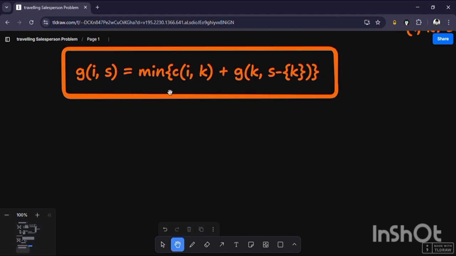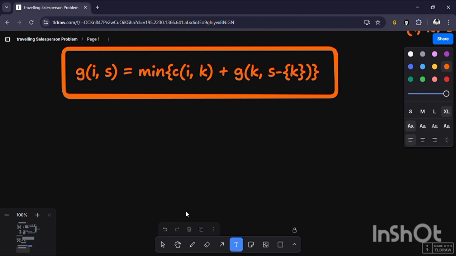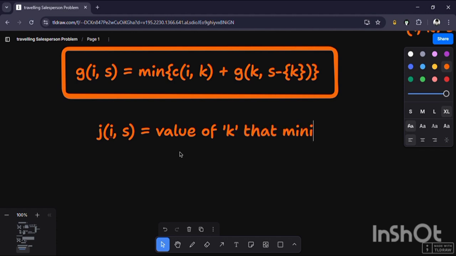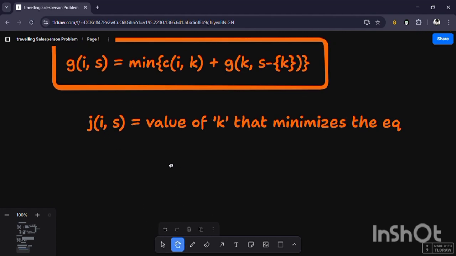Now for the path, I will create another parameter, that is J of I comma S. J of I comma S will be equal to the value of K that minimizes this equation, the previous equation, right? That minimizes the equation. So this I will explain later.